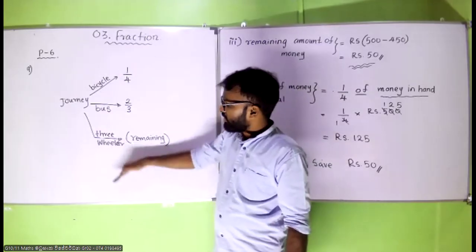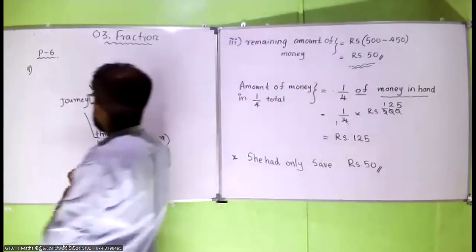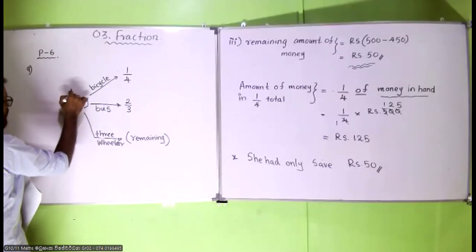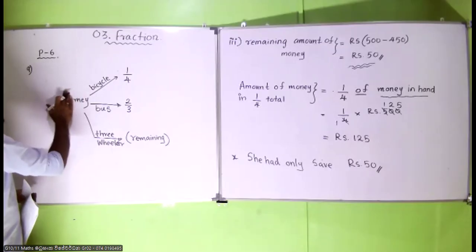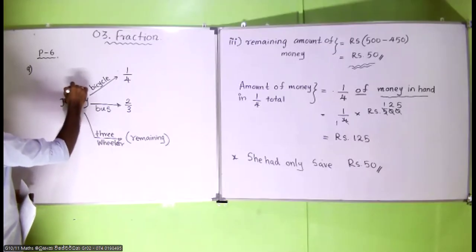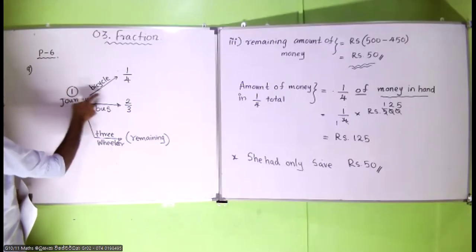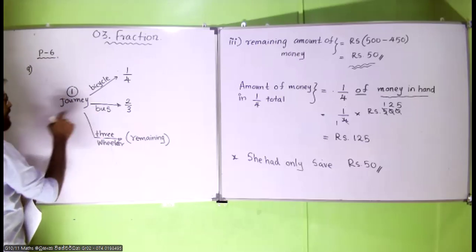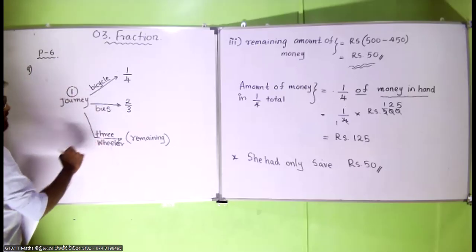If this is the full journey, normally we take the total journey as 1. Out of 1, 1/4 has gone by bicycle, then 2/3 of the full journey by bus. The remaining portion of the total journey was traveled by three-wheeler.